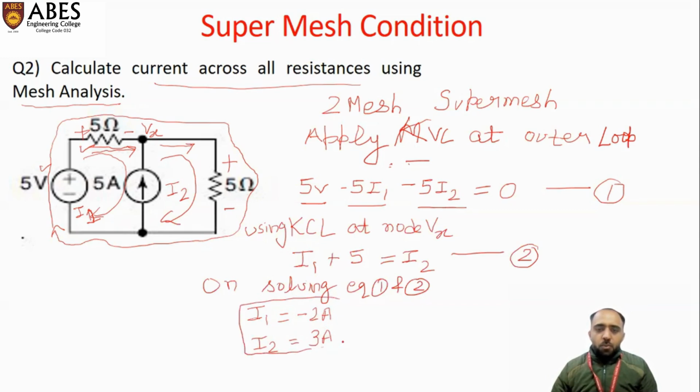We got the values of both the meshes. I1 is the current across the resistance, and I2 is also the current across the 5 ohm resistance. This is the answer.